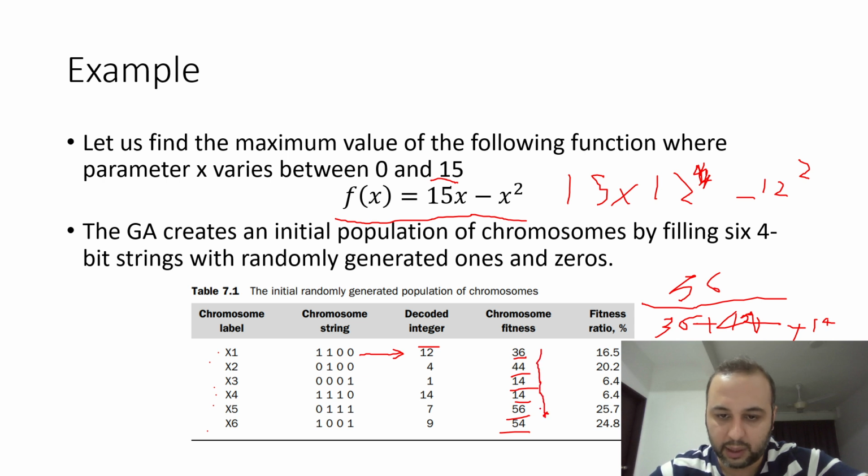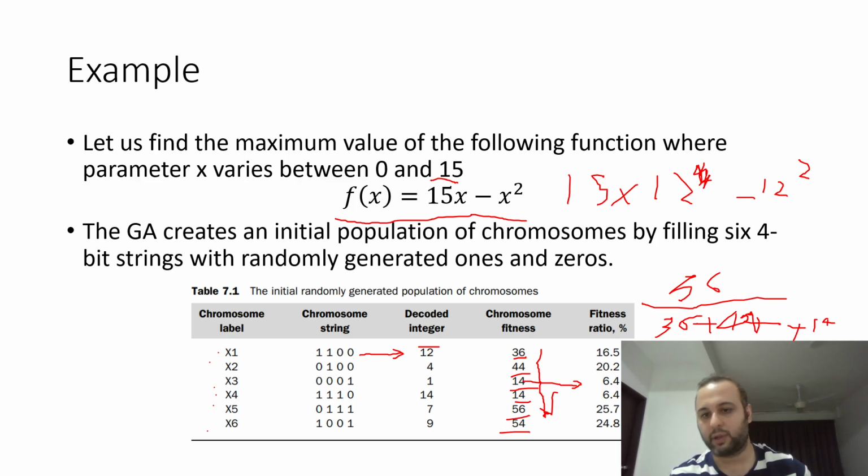If you apply this, you will reach the value for 36. For the next one, you have 44 over again 36 plus 44 plus all of them from top to bottom until 54. Again for this, 14 over the total.